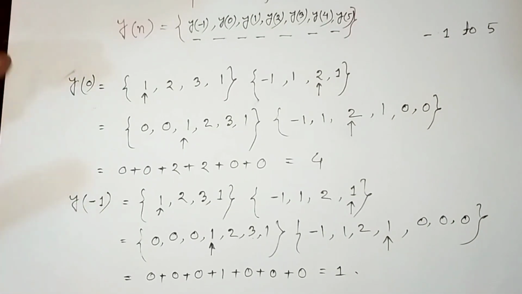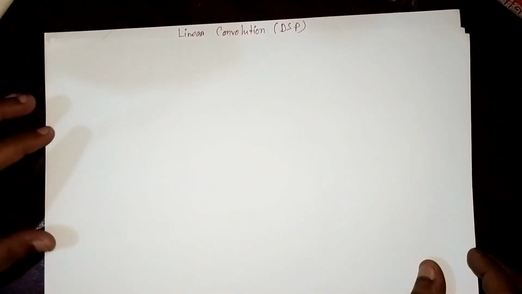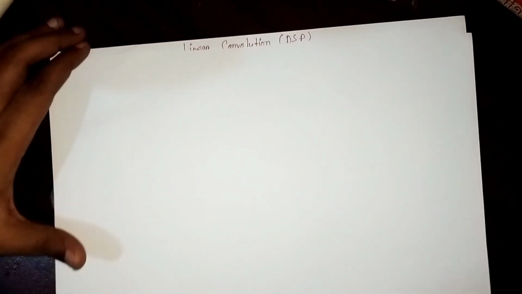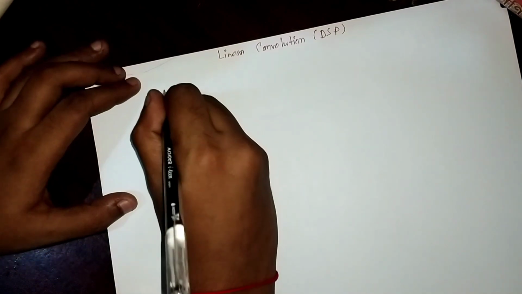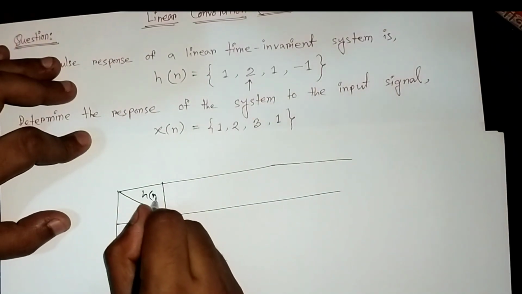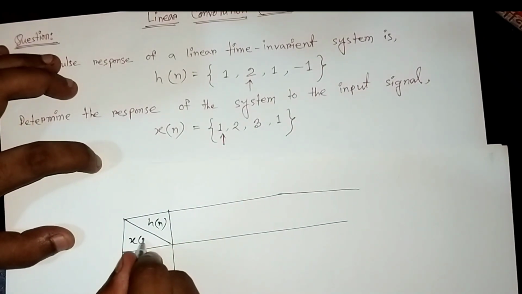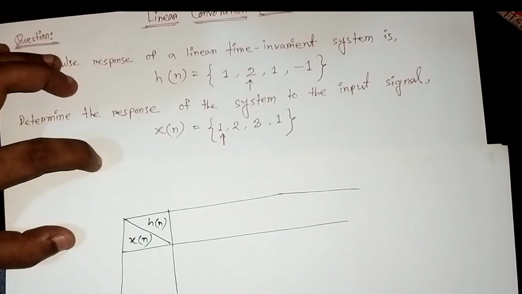So if you want to make it quick, there is another method that I'll show you, called the tabular method, because you just need a table. You just have to create a table. So you have to put the impulse sequence here and the input sequence here.